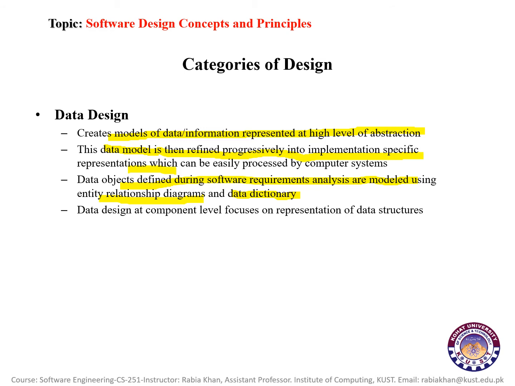The data design activity translates these elements of the requirements model into data structures at the software component level, and when required, into a database architecture at the application level. If required, if a database is not required, then it is not developed.